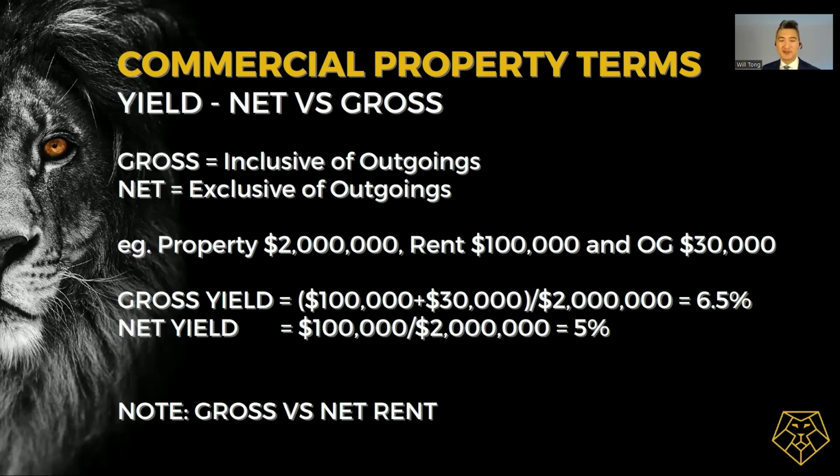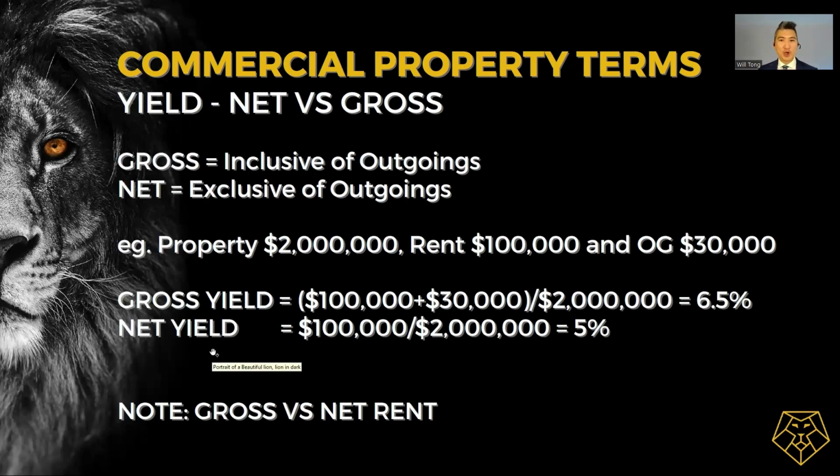So I'll give you an example. Let's say we're looking at a property that's worth $2 million. The rent that's being paid at the moment is $100,000, and the outgoings payable on this property equates to $30,000 a year. Then the gross yield will be the rent, $100,000, plus the outgoings, which is $130,000, divided by the value of the property, which is $2 million, and that equates to 6.5% gross yield.